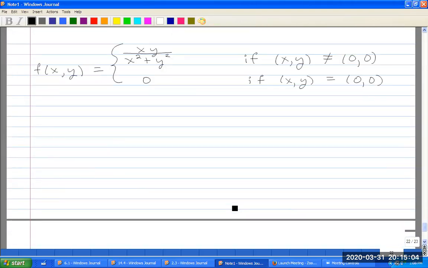So let's take the partial of f with respect to x at the origin.